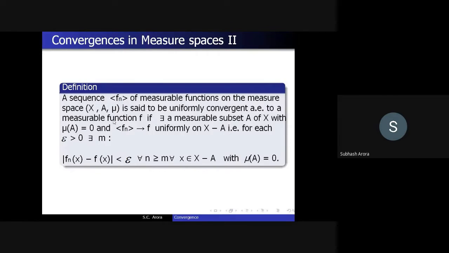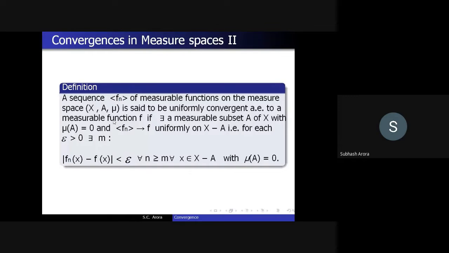In short, what does it mean? We say Fn is uniformly convergent almost everywhere if we take away a measurable subset of measure 0 and on the complement it is uniformly convergent.